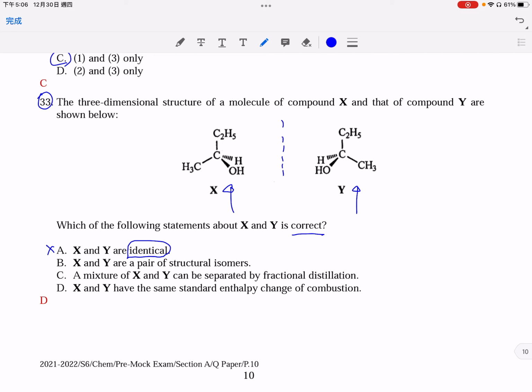Therefore, they are actually not identical. Instead, they are a pair of enantiomers. Statement B, again incorrect, as they are a pair of enantiomers. They are actually not a pair of structural isomers. Instead, they are a pair of stereoisomers or enantiomers.